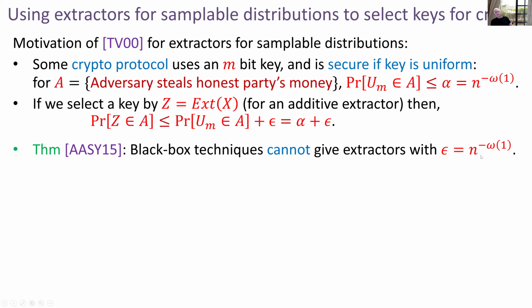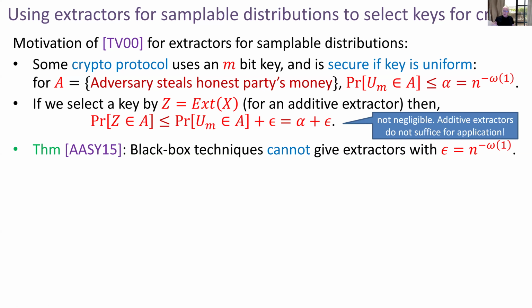So we have to have large error, and this means that we can never get negligible epsilon, and additive extractors do not suffice for the application of selecting keys for cryptographic protocols.